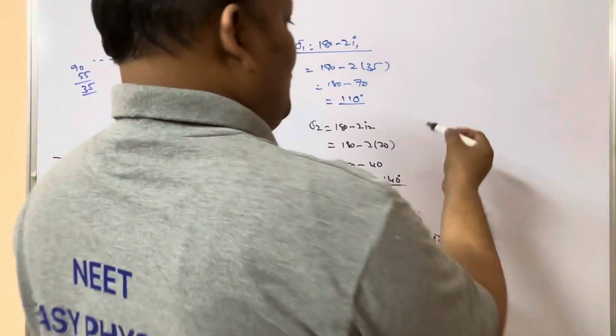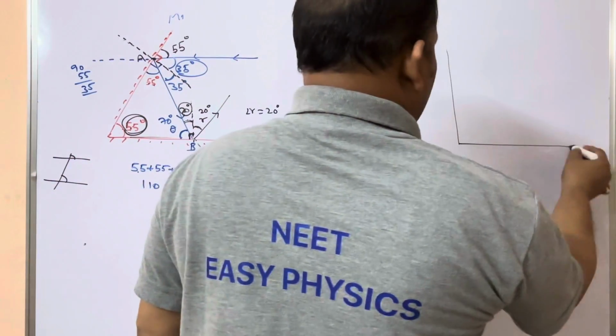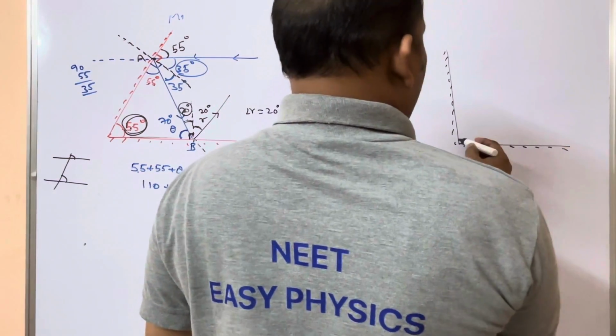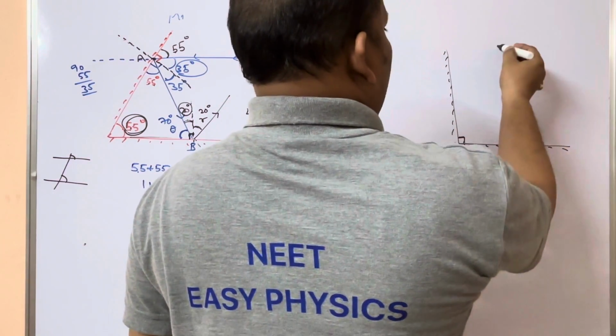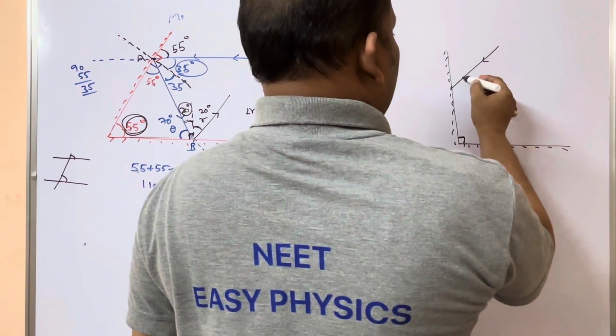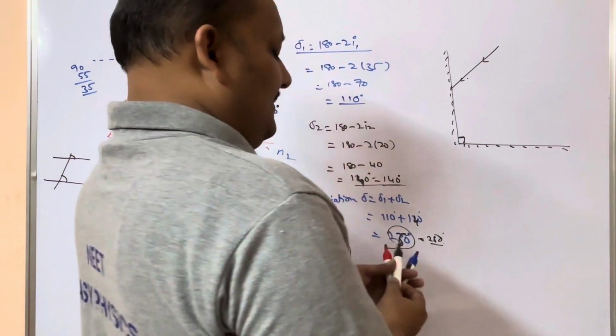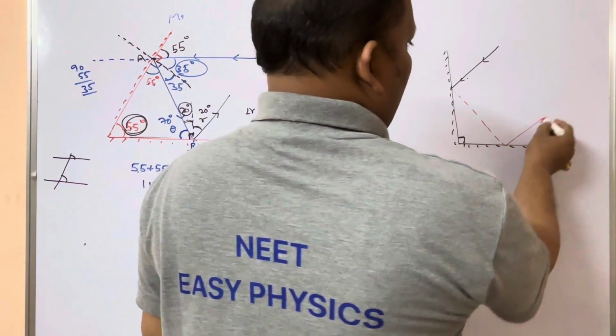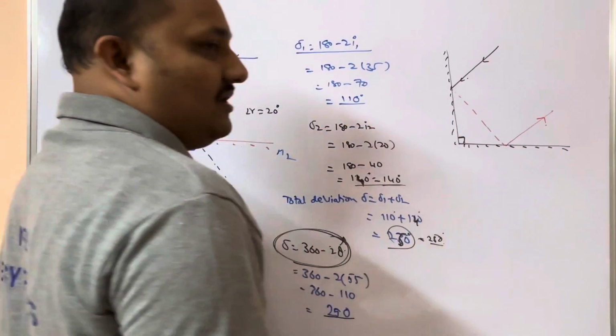Next, if these two plane mirrors are making exactly 90 degrees, then if this is the incident ray, what is the deviation? They are going to ask the angle of deviation, total deviation.